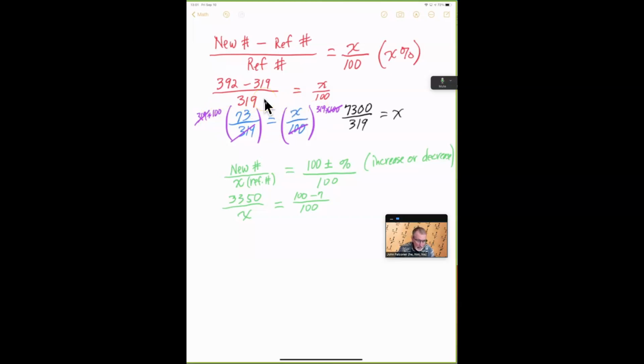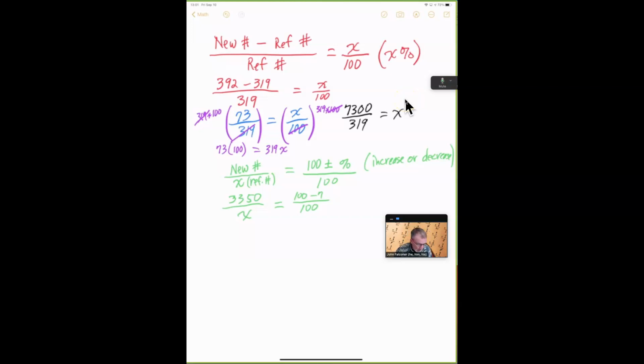So we'll rewrite that way. 73 times 100 is equal to 319 times x. And the next step is to divide both sides by 319. And what we end up with is 7,300 over 319 is equal to x. So let's go ahead and calculate that.